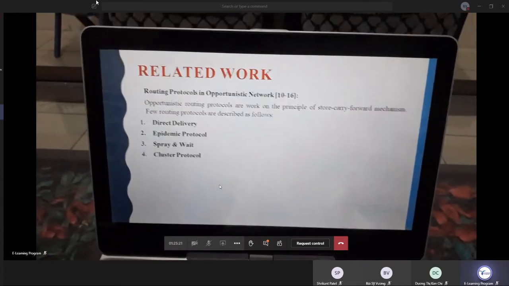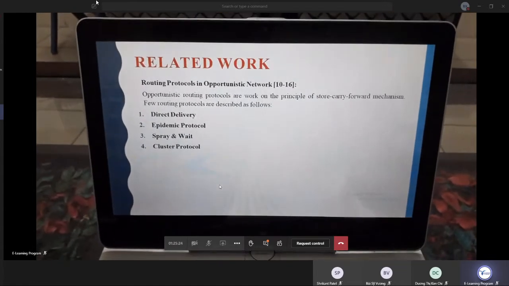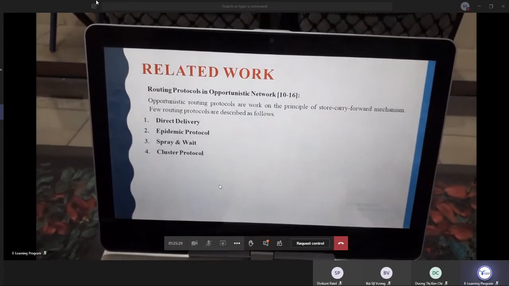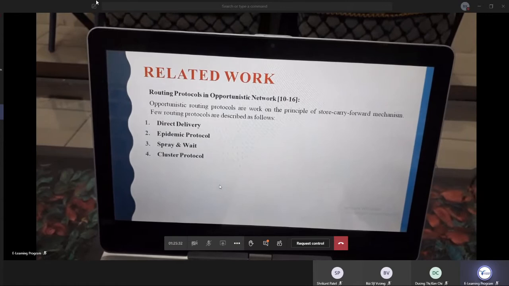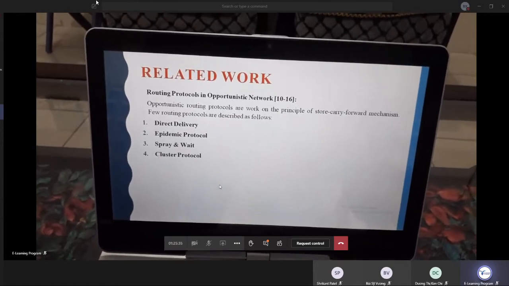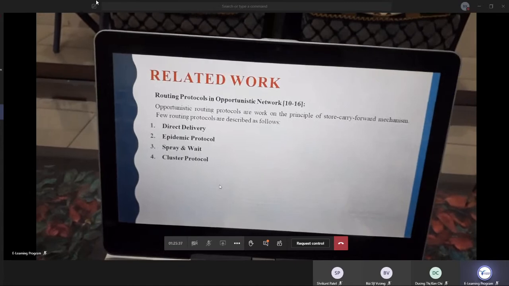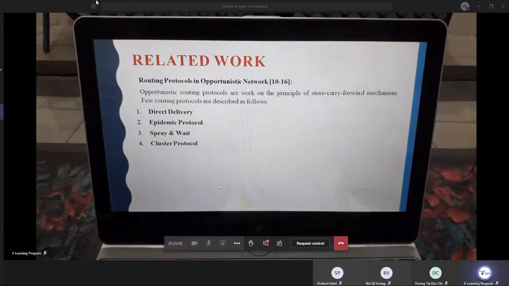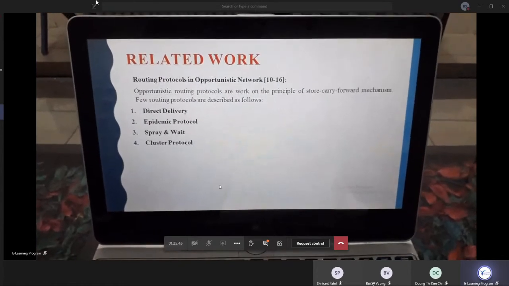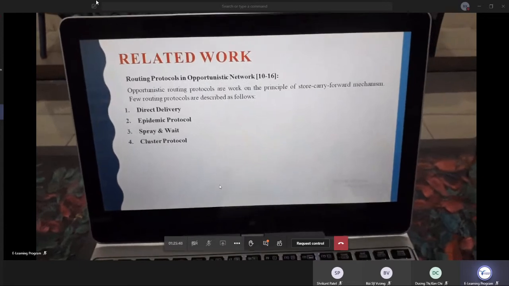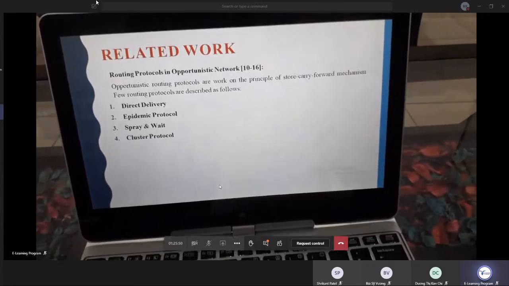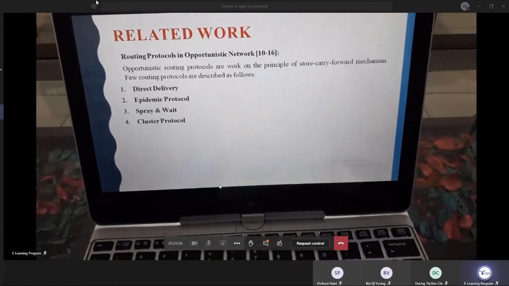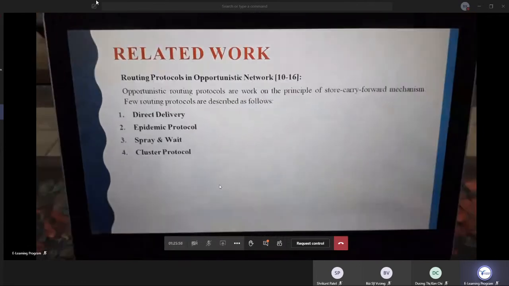Opportunistic networks work in real-time scenarios with a diverse number of applications like underwater sensor networks, SyNRG, shared wireless infostation model, ZebraNet, and so on. In opportunistic networks, I will explain four routing protocols. First is direct delivery, then epidemic, then spray and wait, and last cluster protocol.